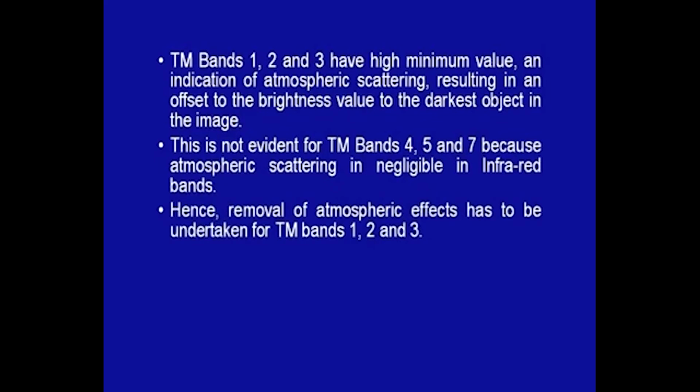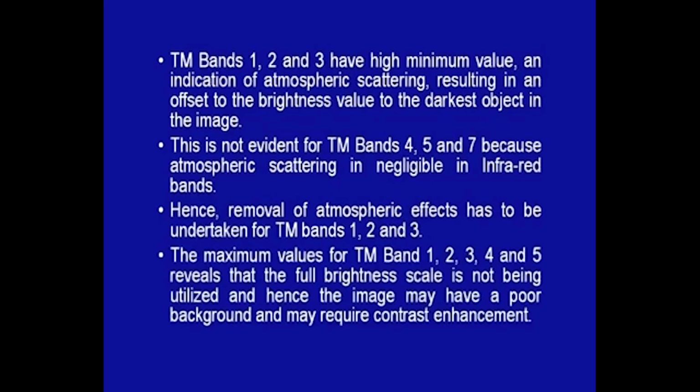Hence, removal of atmospheric effects has to be undertaken for TM band 1, 2 and 3. Well, this is a very conclusive decision or information that one has now derived. The maximum value of TM band 1, 2, 3, 4 and 5 reveals that the full brightness scale is not being utilized, and hence the image may have a poor background and may require contrast enhancement.